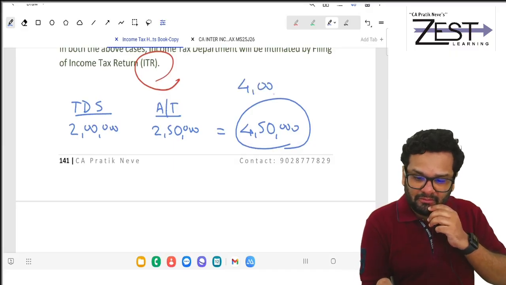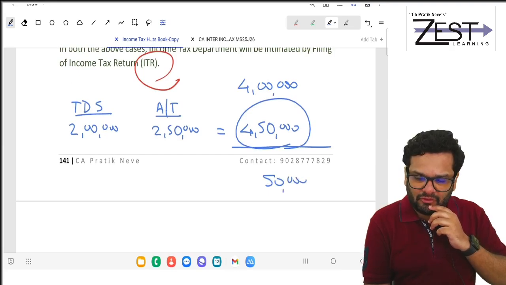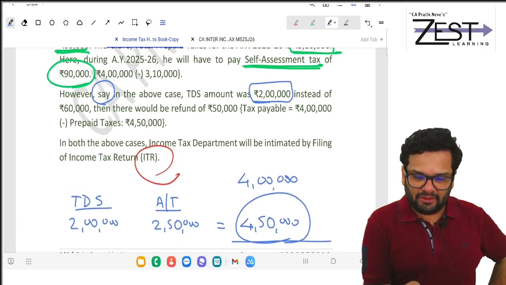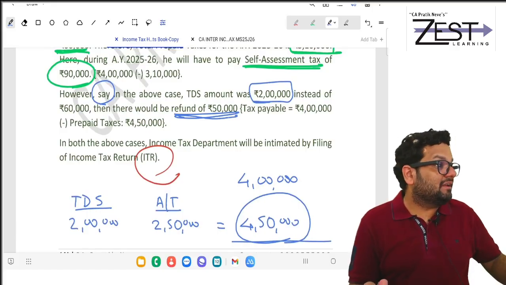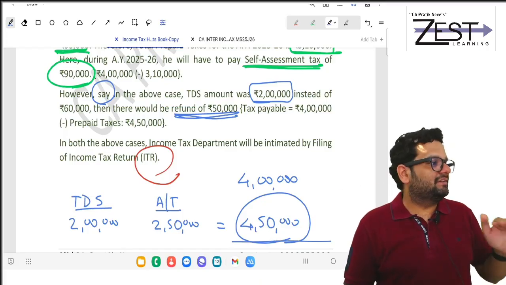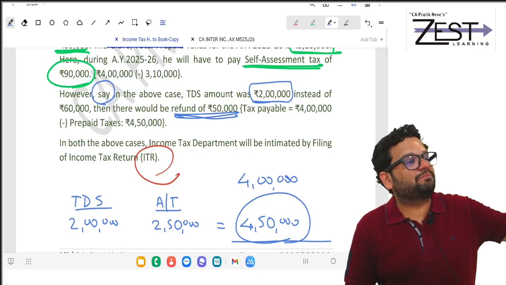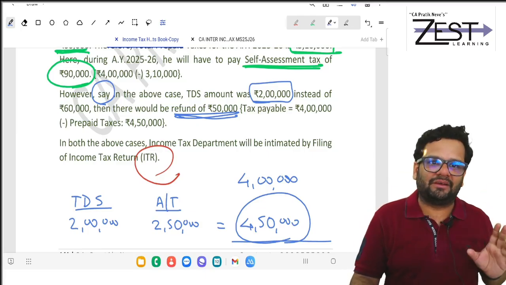So no problem. You will be given a refund of 50,000. So that's why many people feel that ITR means return, that you will get a return. No, ITR is a document that is filed in both cases. There could be tax payable also. There could be a refund also. You file ITR.